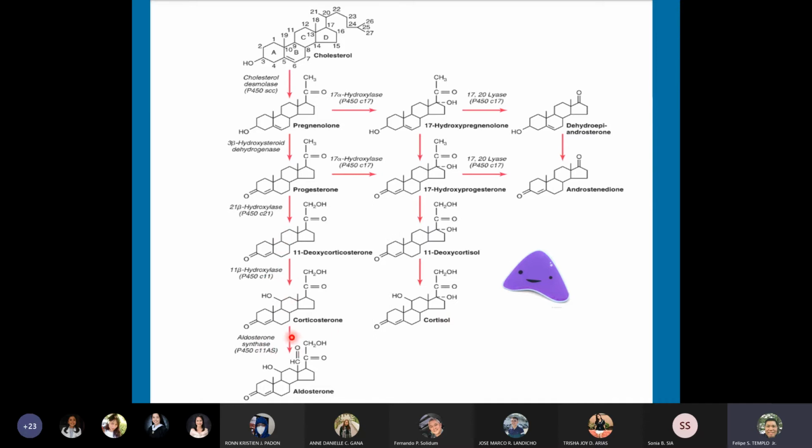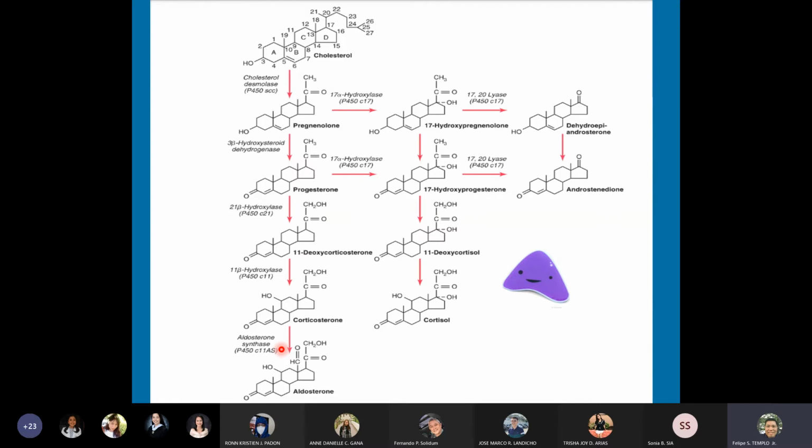What else? With regards to aldosterone synthase, that's another enzyme that could be affected. But take note that if you have aldosterone synthase deficiency, you will not have a salt wasting problem. Why? You might wonder. Corticosterone is necessary to convert into aldosterone, but patients with aldosterone synthase deficiency will not have salt wasting disease.